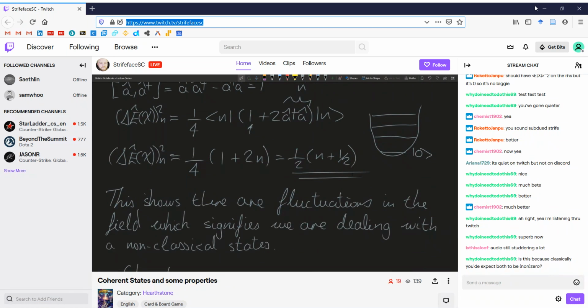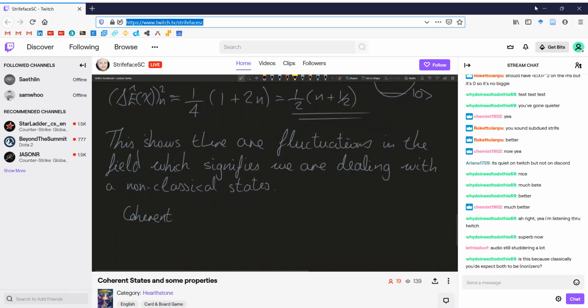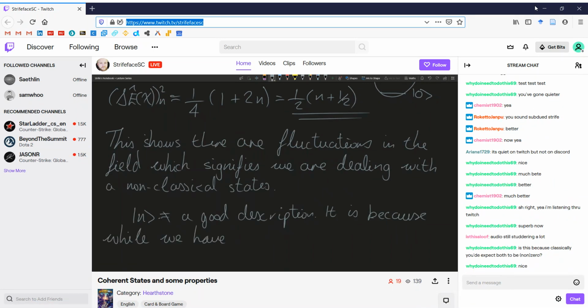Now, the reason that the number states are not a good description is because while we have certainty in the photon number, we have no information about the phase, so we have a completely undefined phase.